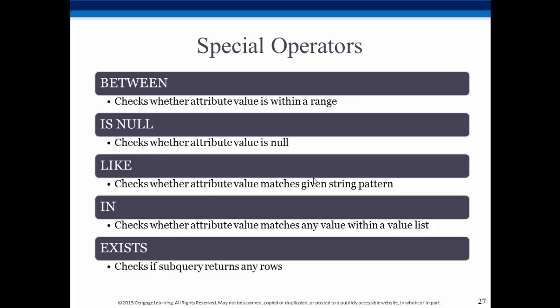We'll make that work. You can use the AND there. The IS NULL special operator: SELECT P_CODE, P_DESCRIPT, and V_CODE from PRODUCT where V_CODE IS NULL. So if V_CODE is null, it will show all those records.